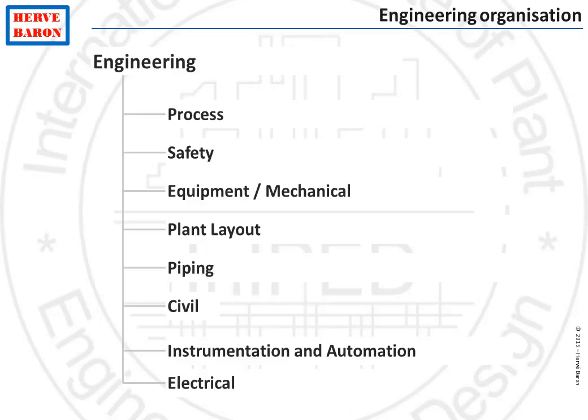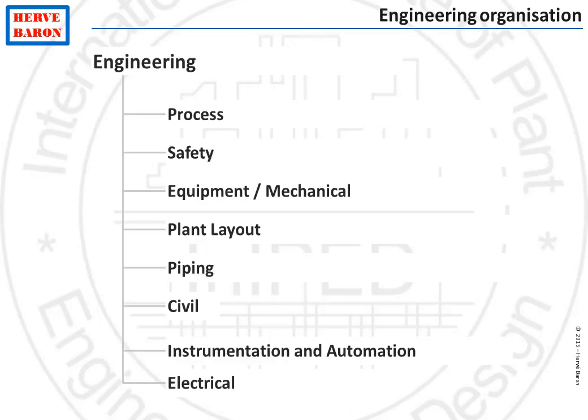There we find the process, which actually comes first, safety, the discipline equipment mechanical in charge of machinery, any type of equipment, pressure vessels, heat exchangers, rotating equipment, fired equipment such as boilers, turbine, and so forth. Plant layout, piping, civil, instrumentation and control, and electrical.